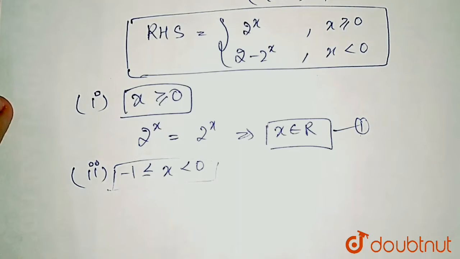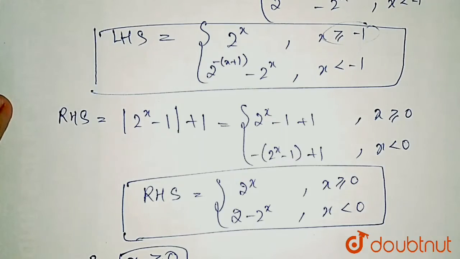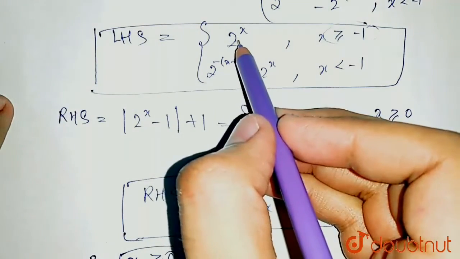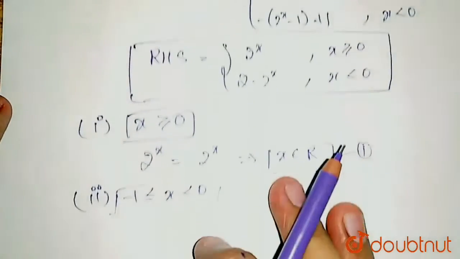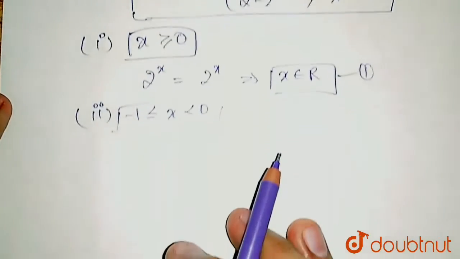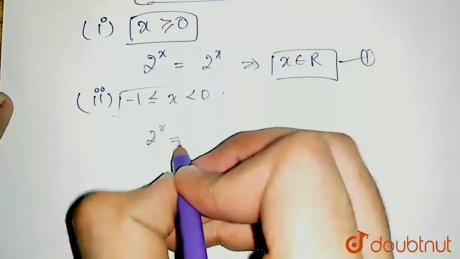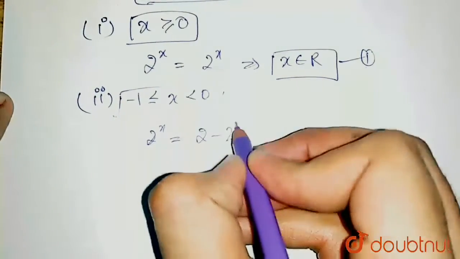So now for this case, let us take a look at the LHS. For x greater than minus 1, LHS is equal to 2 raised to the power x, and for x less than 0, RHS is equal to 2 minus 2 raised to the power x. So substituting those values here, 2 raised to the power x, this is LHS, is equal to RHS, that is 2 minus 2 raised to the power x.